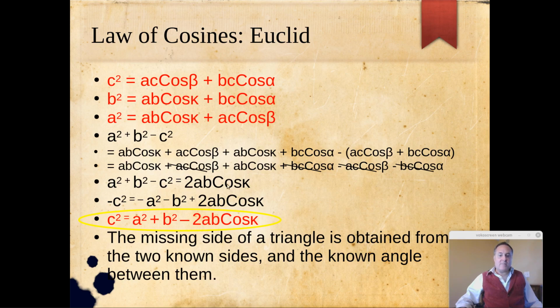That's 2AB cosine kappa. Okay, and that's equal to the original statement of a squared plus b squared minus c squared here. So here's the complete equation right here. And notice I've got a, b, and c on the left, and I've got only a and b on the right. C has disappeared from the right-hand side of the equation, and that's because of my choice to use a minus sign in front of C here.